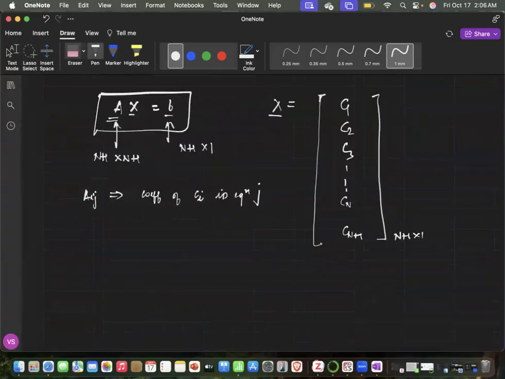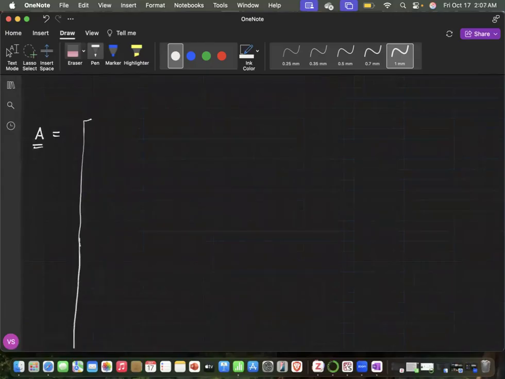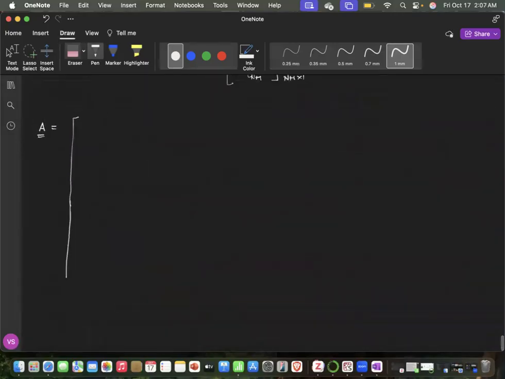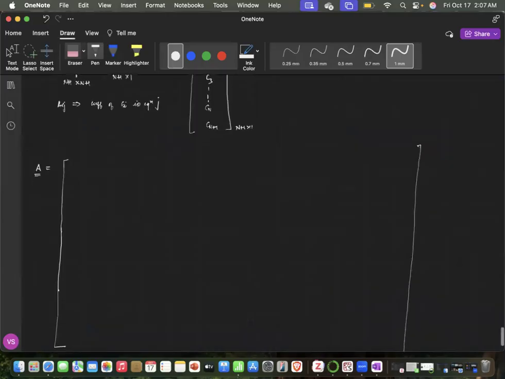So let's try to formulate our matrix. So this is the A matrix. So let's make a big matrix over here, right? Remember, the row represents the equation, and the column represents Ci. Okay.